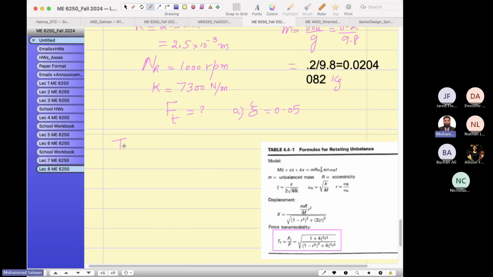So transmitted force transmissibility equals the transmitted force divided by F, where F equals M R omega squared.